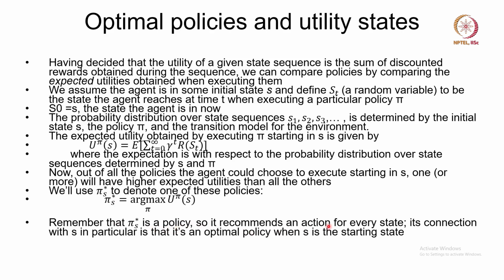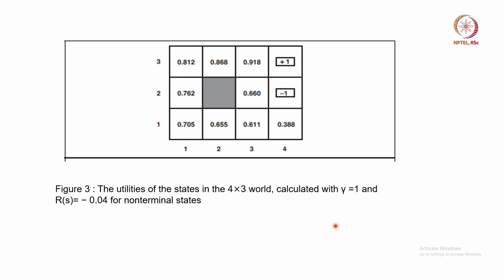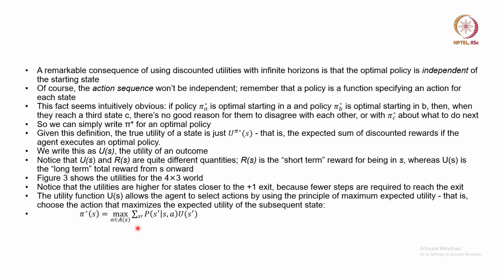Once you find the optimal policy, you can calculate the utility of S. When we say pi star of A, pi star of B and pi star of C, whether you're starting at A, B or C, it doesn't really matter, so you can just write it as pi star.